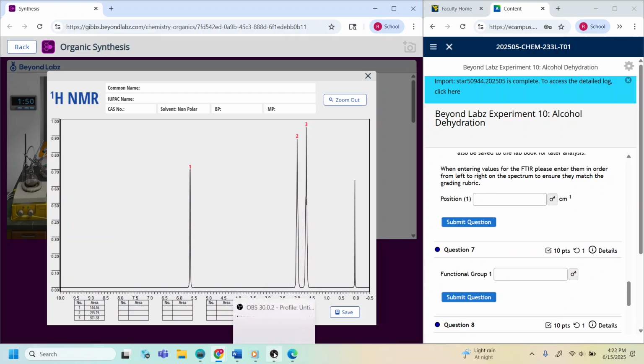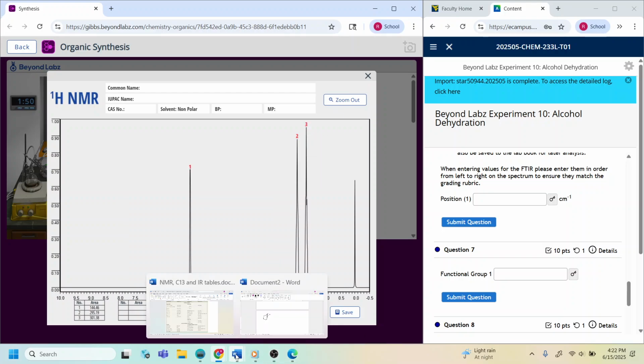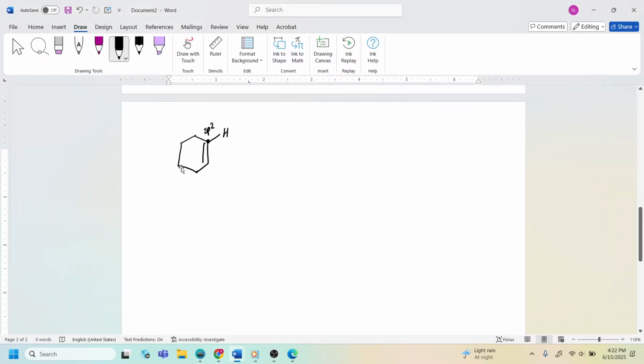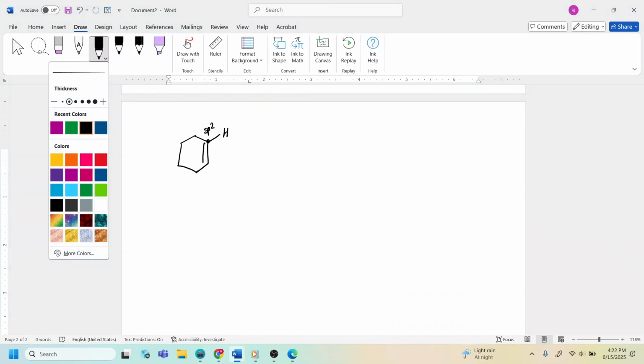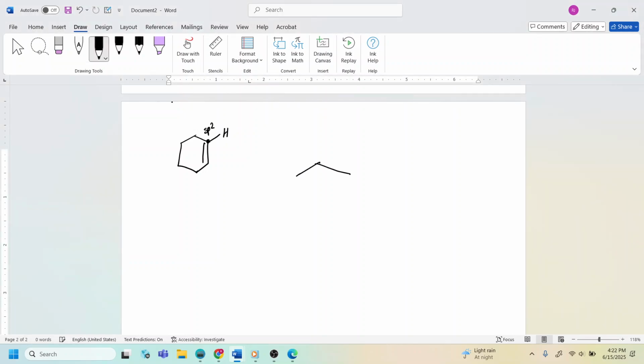Let's zoom out. We can verify this by simply drawing our structure and looking at how many different hydrogens we have. If you look at your structure over here, we do have our alkene. We know that alkenes are sp2 carbons, right?